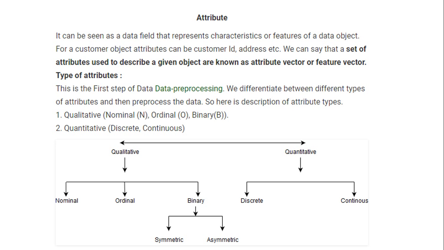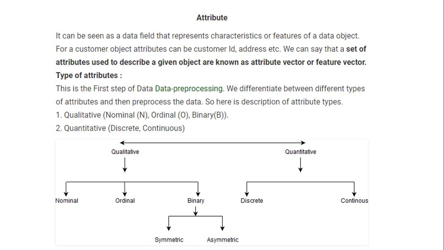A binary attribute is a nominal attribute with only two categories or states, 0 or 1, where a typical 0 means that the attribute is absent and 1 means that the attribute is present. Binary attributes are referred to as Boolean if the two states correspond to true or false. These are the binary attributes.